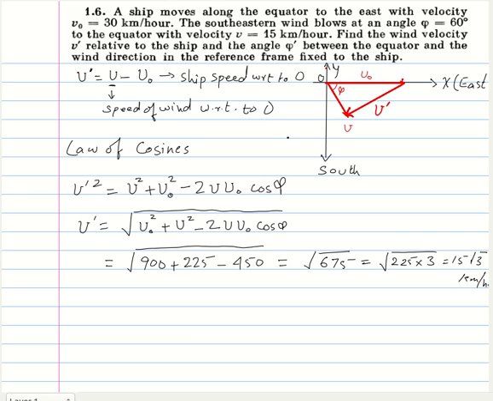Next question is finding out the direction. Now for finding direction, we can again use trigonometric identities. We already know that this angle here is what we are supposed to find. This is phi dash. This angle is phi dash, and we are supposed to find this angle.